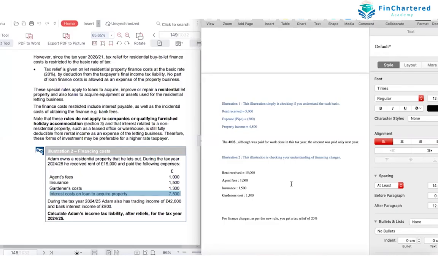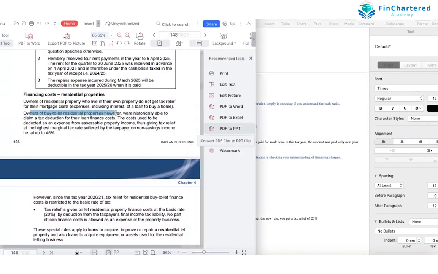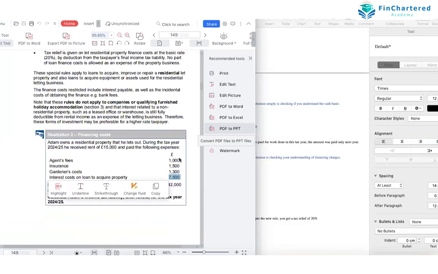Before, life was better. Before, you could deduct the interest from the rental income directly. Owners of buy to let residential properties were historically able to claim a tax deduction for their loan finance cost. The cost used to be deducted as an expense. So the finance cost of 7,500 could be deducted as an expense.